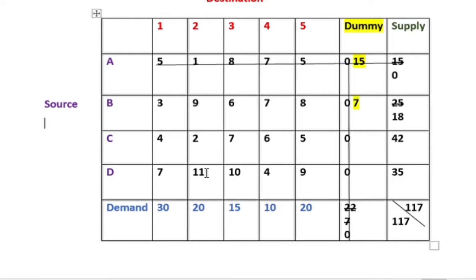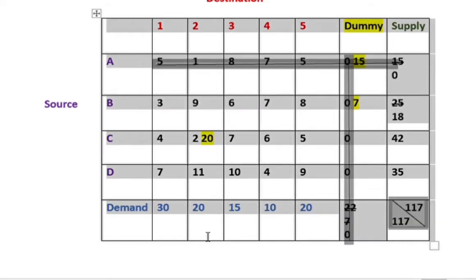Now again we have to check the least cost in the remaining cells. We can see 2. Now we need to check the respective demand and supply. We can see 20 demand for the respective cell and 42 supply, so we can fulfill all the demand, that is 20. So I will write 20 there.